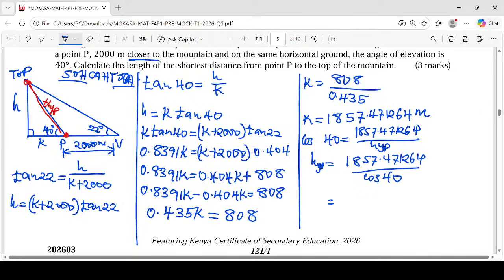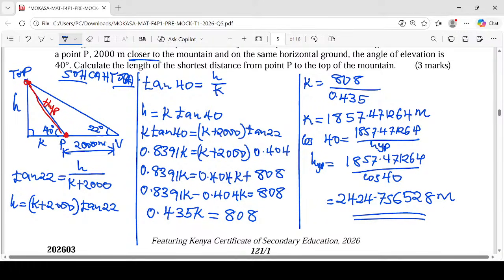When you divide that particular part by cos 40, this will give you 2424.756528 meters. This is the shortest distance from the point P.